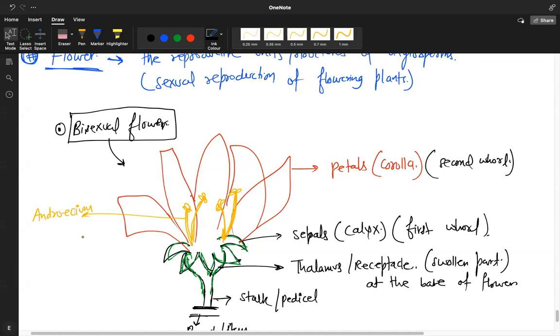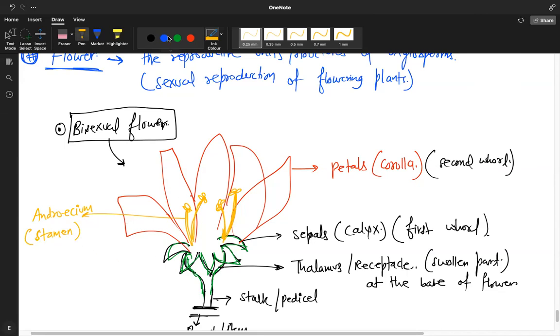Androgens are hormones which are produced in males, or are male hormones, like testosterone is an androgen in humans. Does it make sense, Iram and Aisha? Yes. So this Androecium is also known as stamen. This you must have heard in your junior classes, right? Stamen.